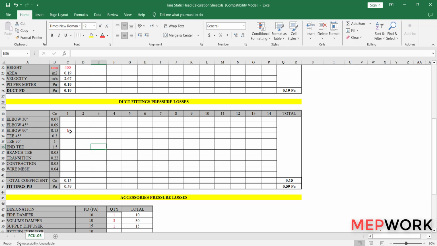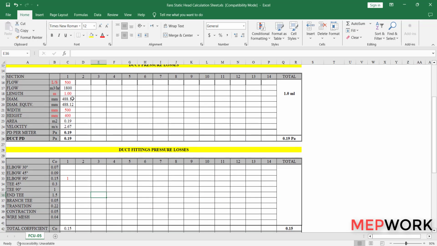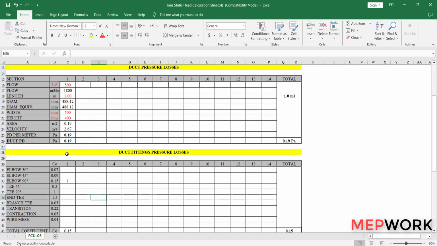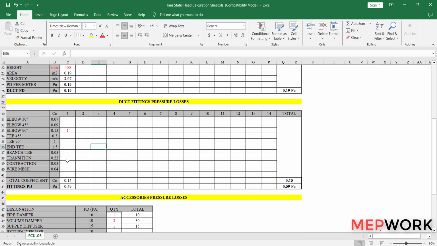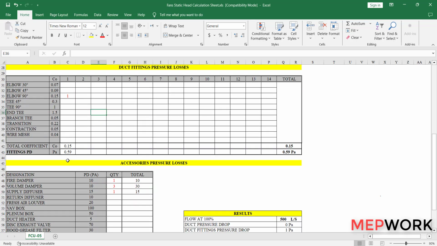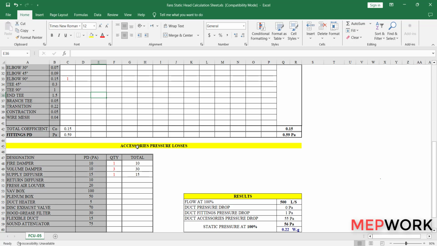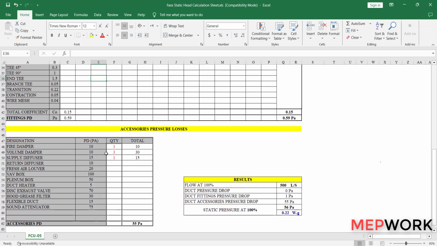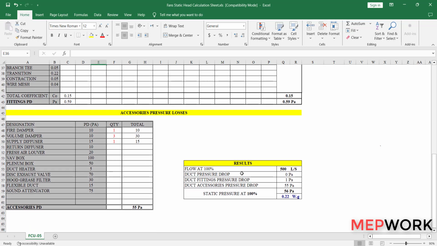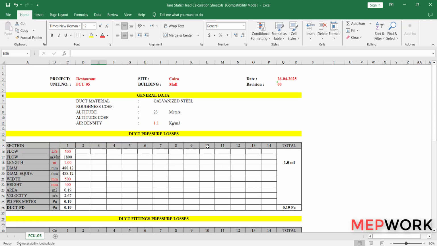You will add the quantity of every fitting in this part. Every duct part contains its duct fittings. And in this part you will calculate the accessories pressure losses. You will add the quantities of accessories in this table. After that, you will get the results in this table. Let's apply these calculations on our example.